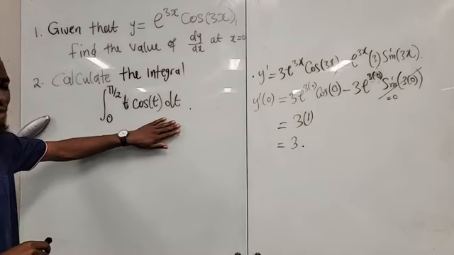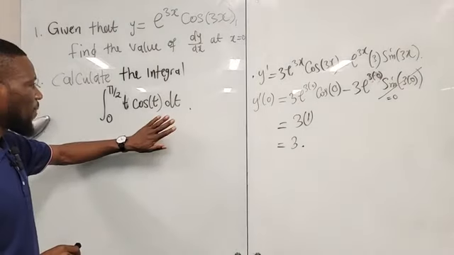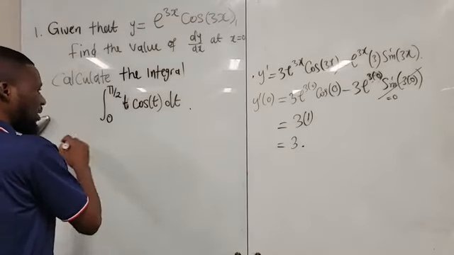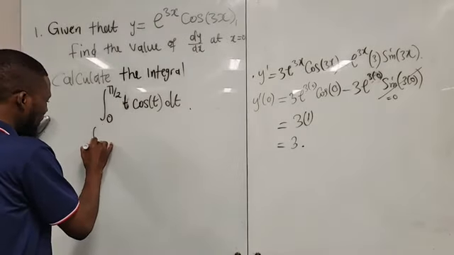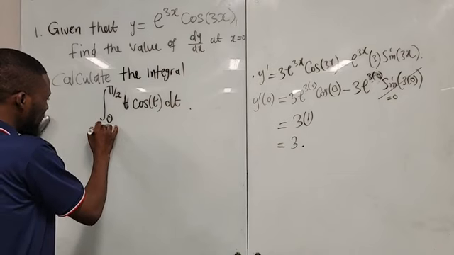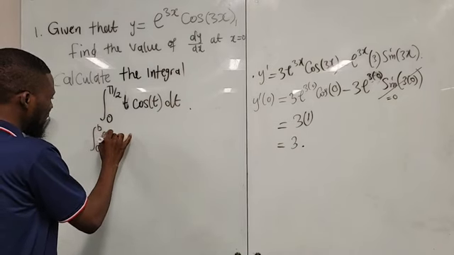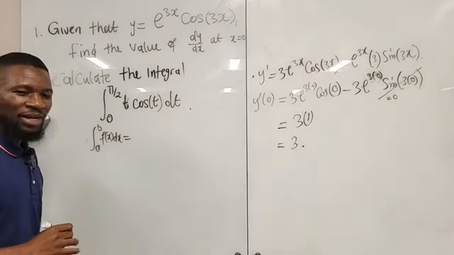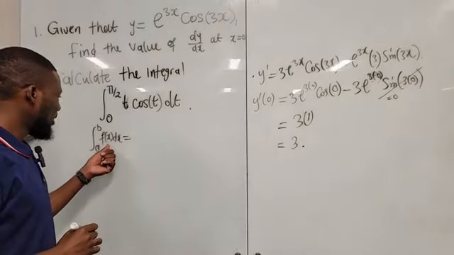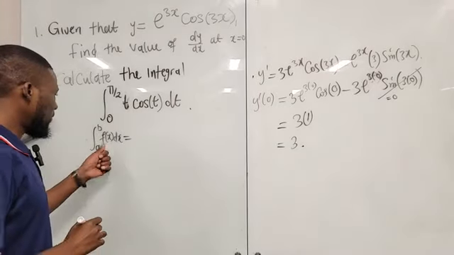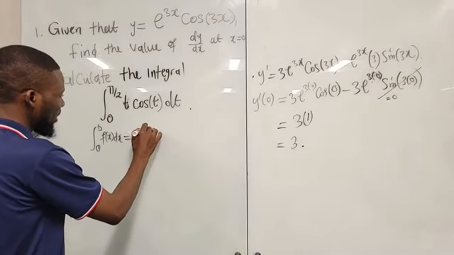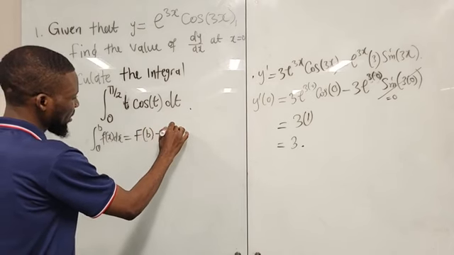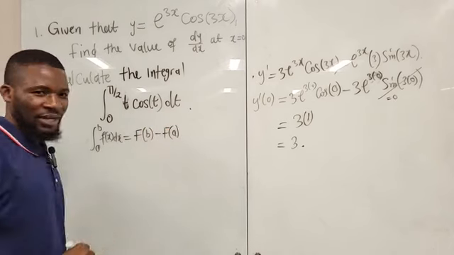So the second one, we want to find the definite integral. By the fundamental theorem of calculus, if you have the integral from a to b of f of x dx, this is just the same as finding the antiderivative of this function, which we will call capital F, and evaluating it at b, minus capital F evaluated at a.